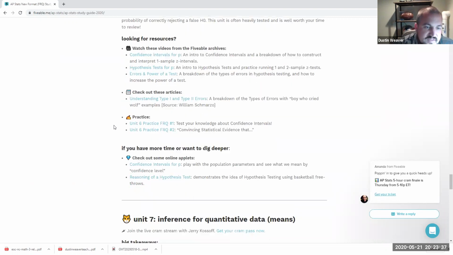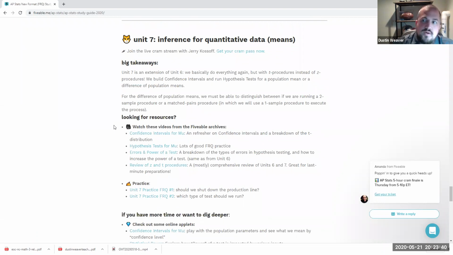Okay, so let's move down to Unit 7. Our last one on the AP exam is inference for means. So we talk about inference for means. Unit 7 is an extension of Unit 6. So we basically do everything we did in Unit 6 for proportions again, but this time we're going to use T procedures. Remember, the only time with means you would use a Z would be if for some reason you had the population standard deviation.